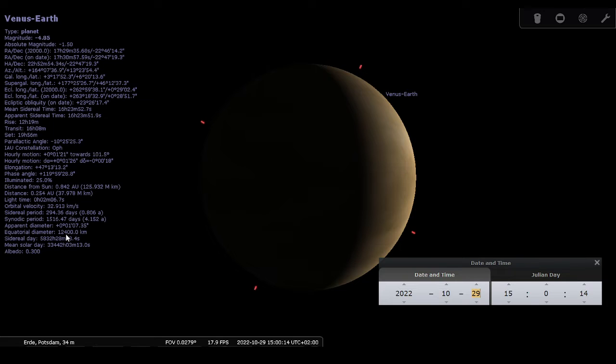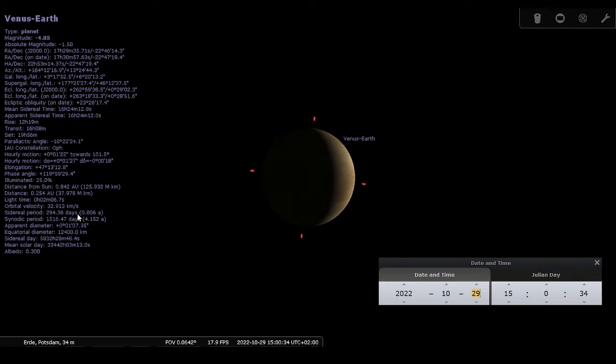So that's also a value in between. And also the sidereal period is higher than Venus's, about 225 days, and Earth's period is of course 365 days, and the synodic period is a lot longer than the sidereal period because these values are rather similar.